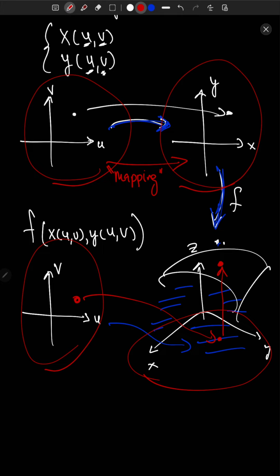So in the one variable setting, we talked about motion, but this is more like a mapping. Literally when you think of maps, that's what's going on. You have your paper map, and it represents somewhere in the real world. So every point on a map represents some point in the real world. That's your mapping, your function from the UV coordinates to the XY coordinates, which represent somewhere in the real world.